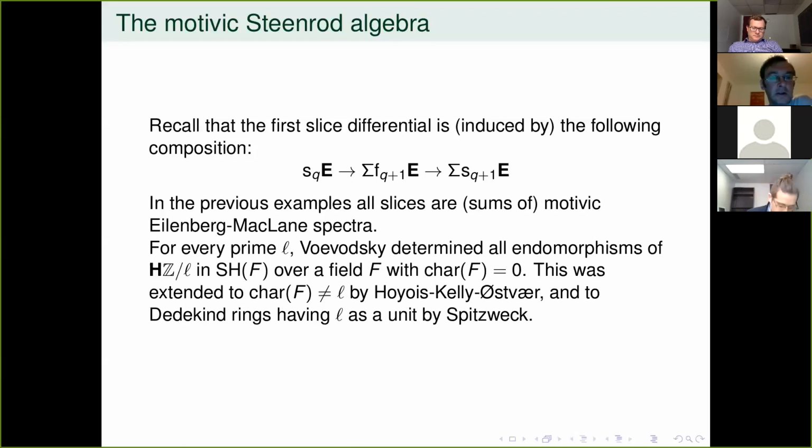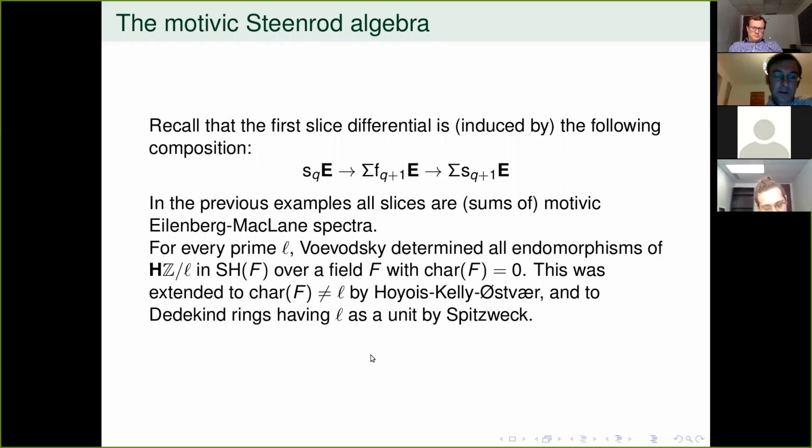But Voevodsky computed basically all endomorphisms of motivic homology with primary coefficients over characteristic 0 fields. And this was extended by Hoyois, Kelly, Østvær to positive characteristic fields as long as you stay away from the characteristic of the base field. And Markus Spitzweck extended this to Dedekind rings once you again have the prime that you're interested in to be invertible.